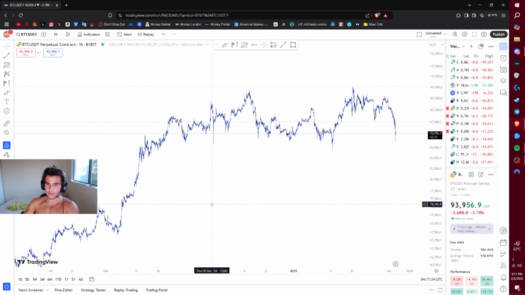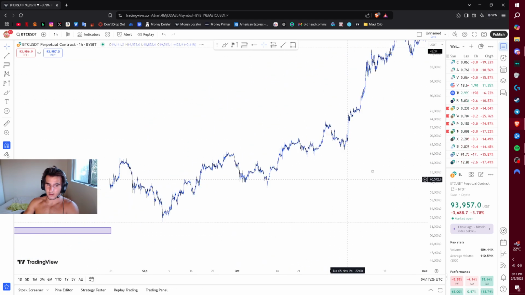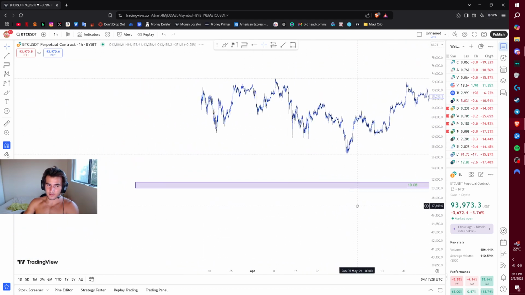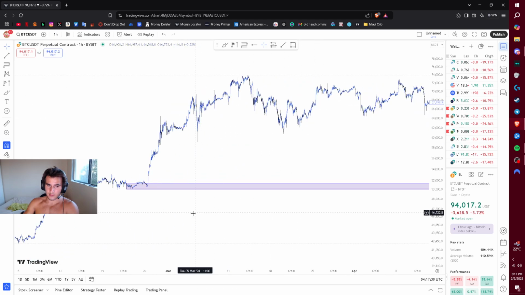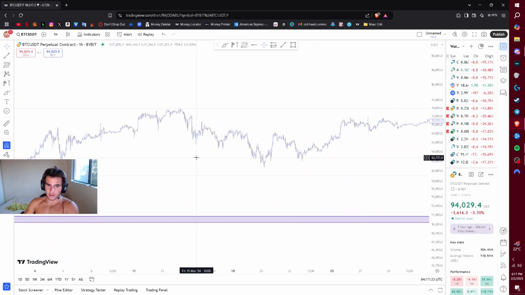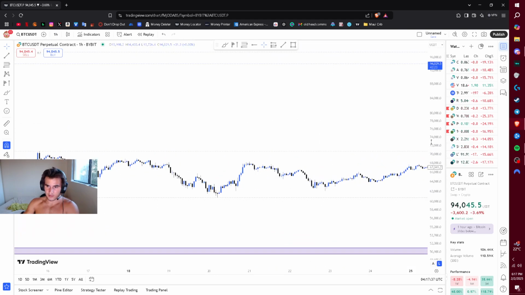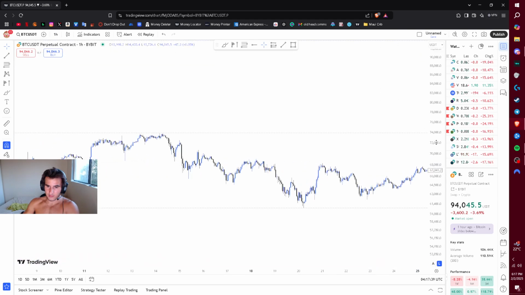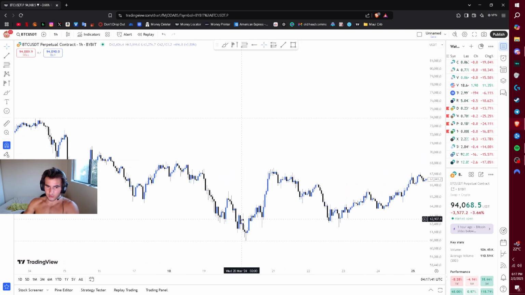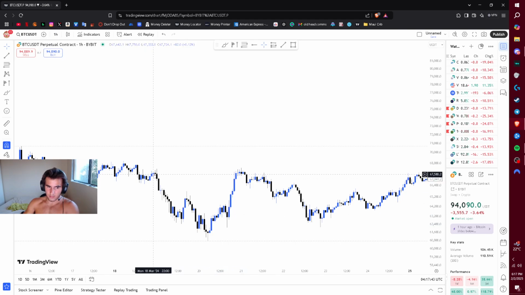Oh, okay. Wait, here it is. There's definitely this, for example, a bearish order block right here. Bullish candle, retested, moved down.